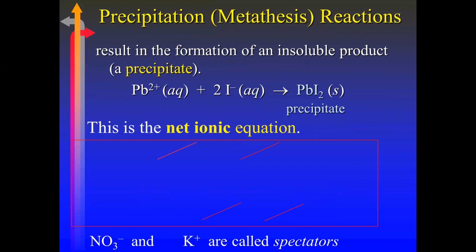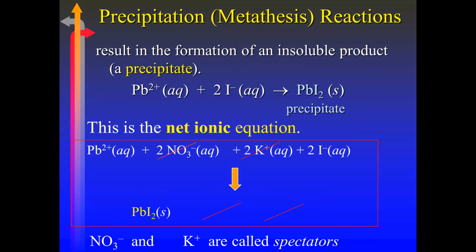So when we look at that ionic equation, for example, I just copied the complete ionic equation from the previous slide. From there, you can see that on the reactant side, there are 2 nitrate ions and 2 potassium ions.